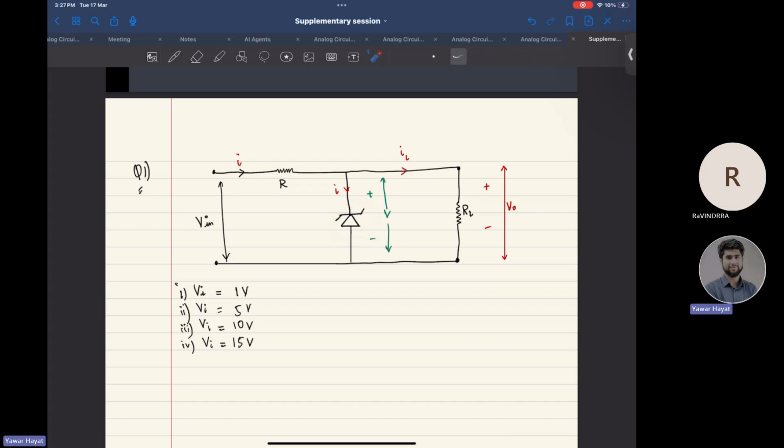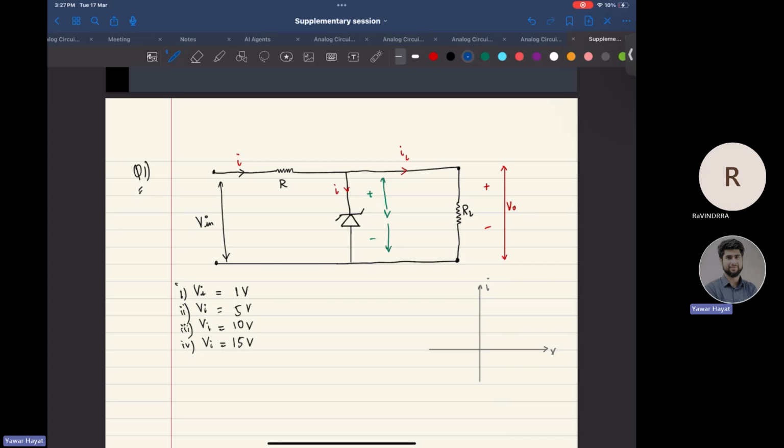Okay. I hope you remember how the characteristics of Zener diode look like. If not, let me show you quickly. So this is V. Suppose this is I. Okay.